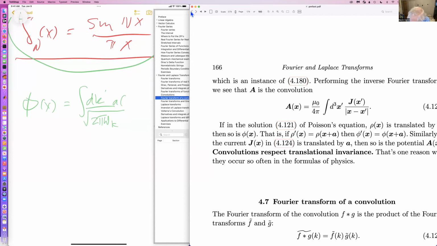If they're fermions, then it's A of k, and I have to put a spin index here because if you have fermions, you necessarily have spin.